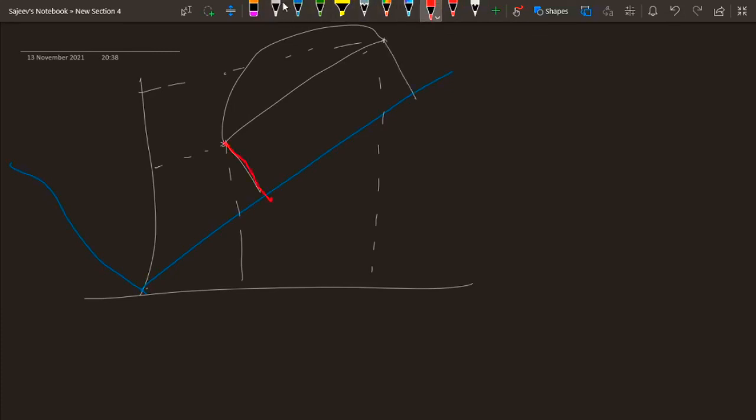The red lines are the same. The y dash is the same. We don't care about x dash now. So since y dash is the same, with respect to the blue coordinate system, we can apply Rolle's theorem, and by Rolle's theorem we will find out that there exists a c which will lie somewhere over here according to my diagram, such that the slope is equal to 0 with respect to the new coordinate axis.